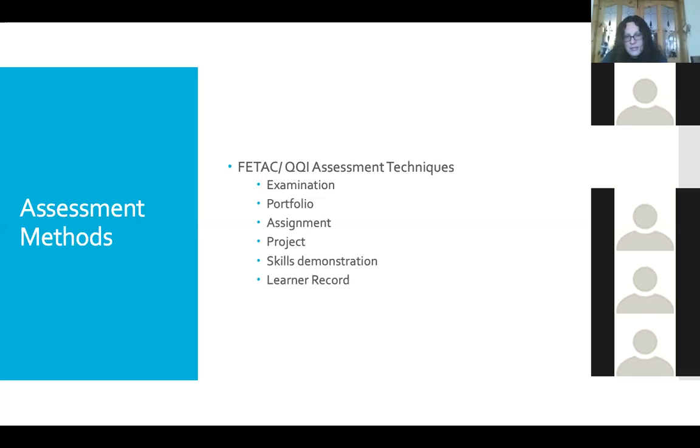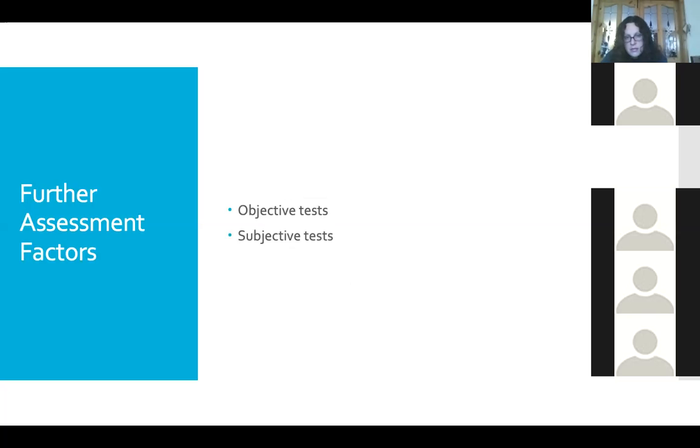But sometimes you might get that type of situation. But even if you think for yourselves, you've 4 of them ticked off there from the perspective of your assignment, your project, your skills demonstration, and your learner records. The rationale behind it, as I said, is to give people across the board the opportunity to excel in the various different assessment techniques.